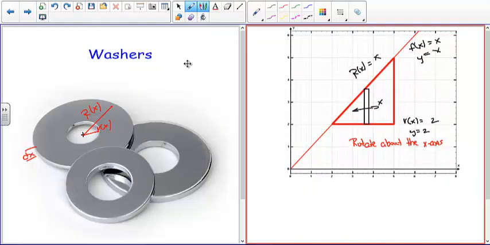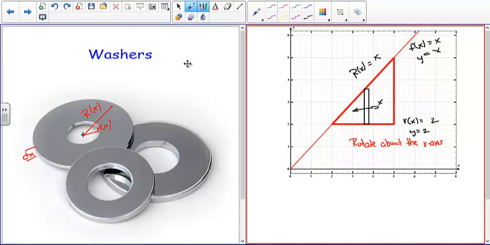So here's kind of like the example we did the other day, except instead of going all the way down to here and having a triangle, we're going to have a triangle that is away from the x-axis. So you have to define what curve is the outside radius and what curve is the inside radius.